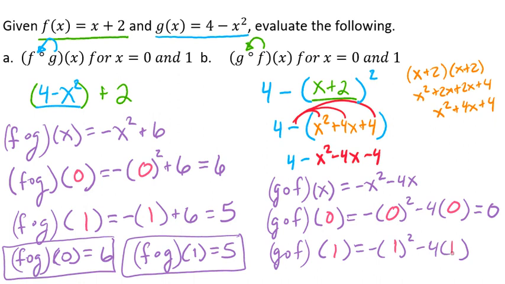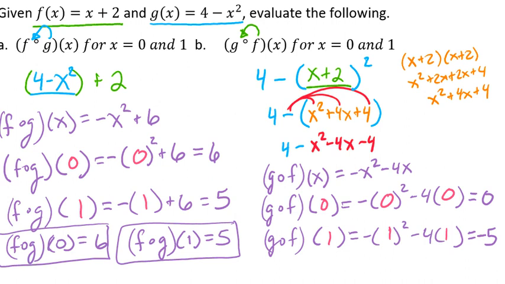And plugging in a 1 here is going to give us an answer of negative 5. And so then we'll just need to write that as g of f of 0 equals 0, and g of f of 1 equals negative 5.